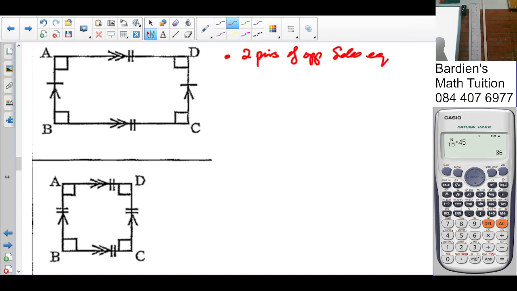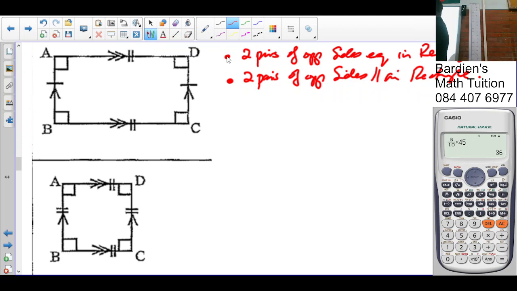There are two pairs of opposite sides equal in a rectangle. That's number one. Another one: two pairs of opposite sides are parallel. Two pairs of opposite sides parallel in a rectangle.